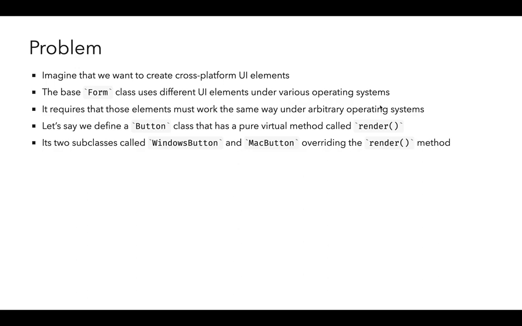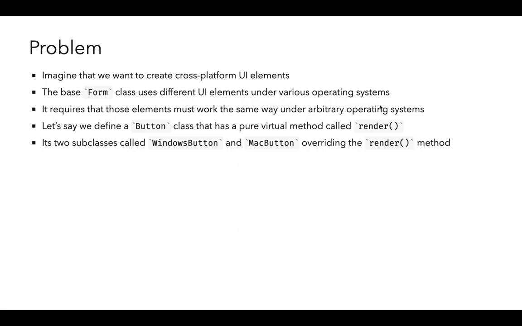So imagine that we want to create cross-platform UI elements. We want to create a form which will need various UI elements such as the button, the checkbox, the input, for example, and those elements must work the same on multiple operating systems.